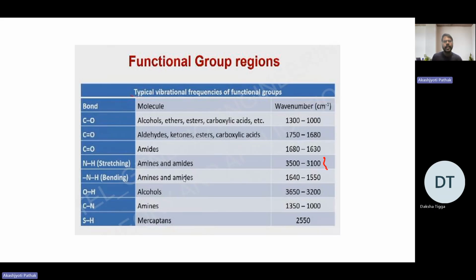Then for amines and amides, the bending vibrational frequency will fall in this region, 1640 to 1550.